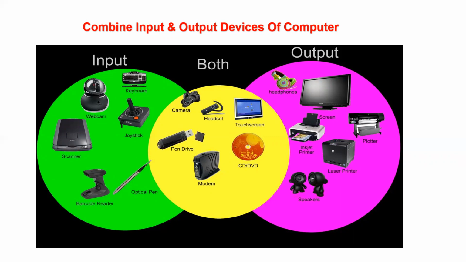But some devices can act as both input and output devices of the computer, which may be the camera, the headset, the touchscreen, the CD, DVD, modem, or the pen drive. They perform the function of both input and output devices for the computer.